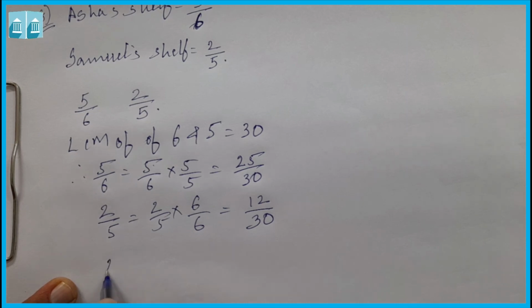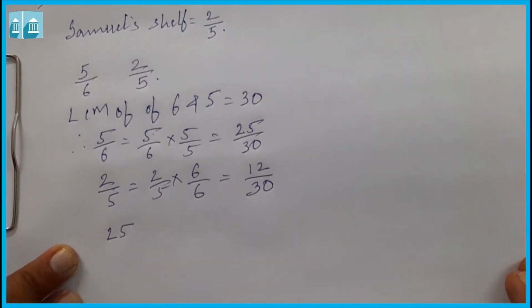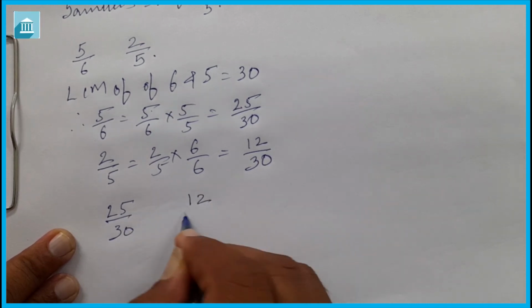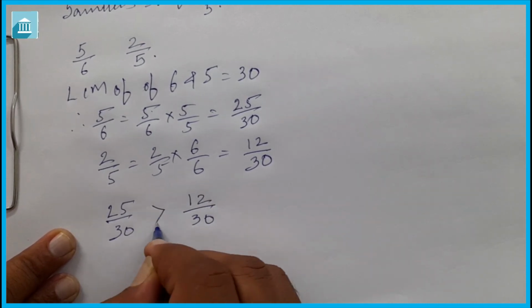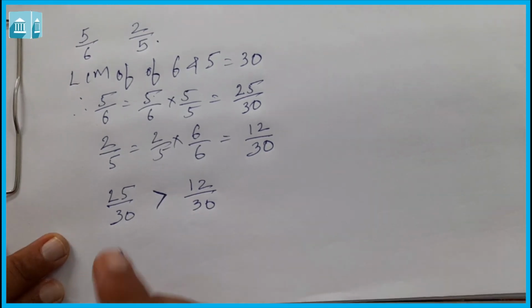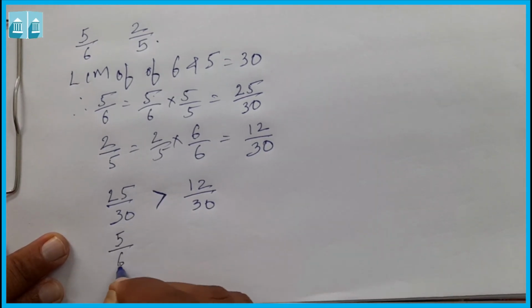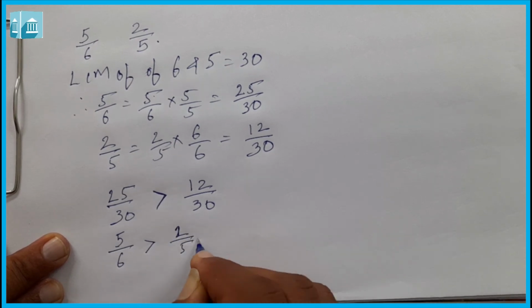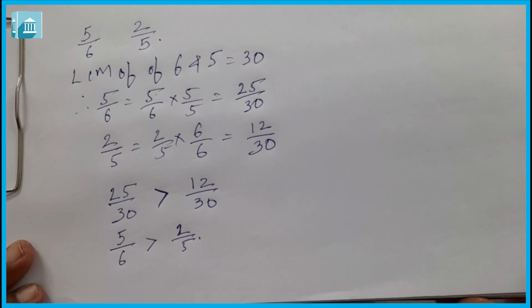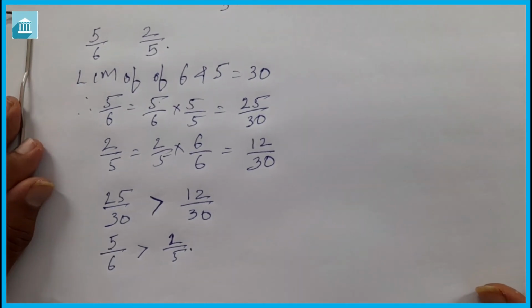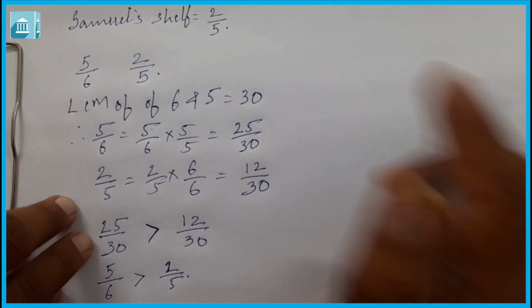So when we compare 25 by 30 and 12 upon 30, we find that 25 by 30 is greater than 12 upon 30. It means that 5 by 6 is greater than 2 upon 5. So whose bookshelf is more full?